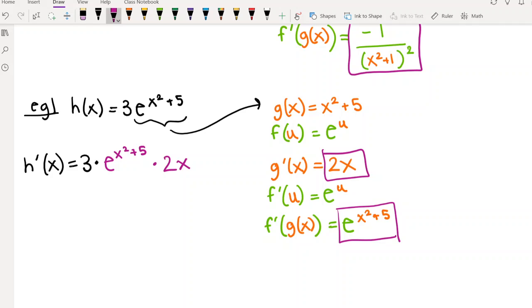You're leaving the x squared plus 5 there and doing the derivative around it. If it was e to the w, the derivative would just be e to the w, right? So you're ignoring what this exponent actually is and taking the derivative as though it was just a letter. But after that, you can no longer ignore this part in the next step. In the next step, you have to actually multiply by the derivative of that part. So again, this is our outer derivative, and this is our inner derivative.